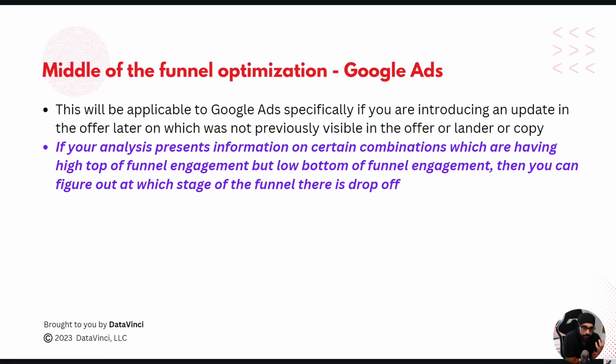With that analysis, if you find that something is striking, then you can introduce certain sections or components to reinforce their intent to take the entire conversion action, if you have identified certain stages where people are dropping off in the conversion funnel.